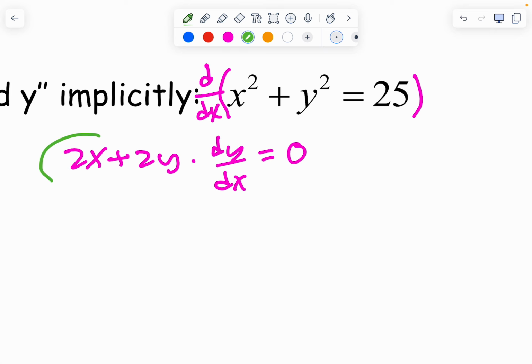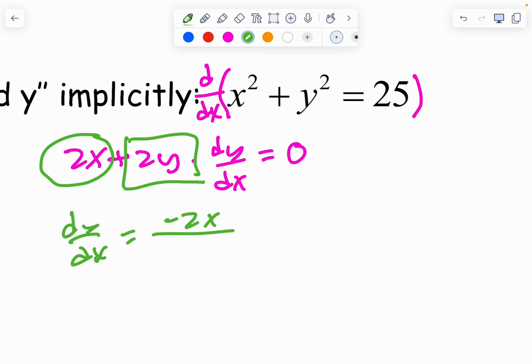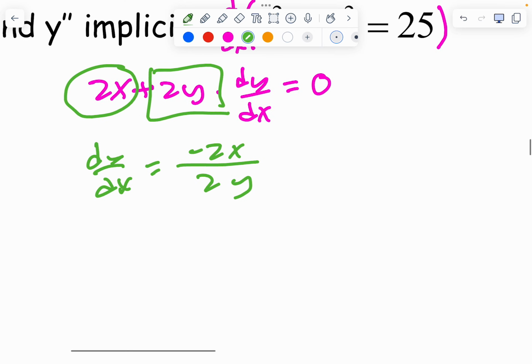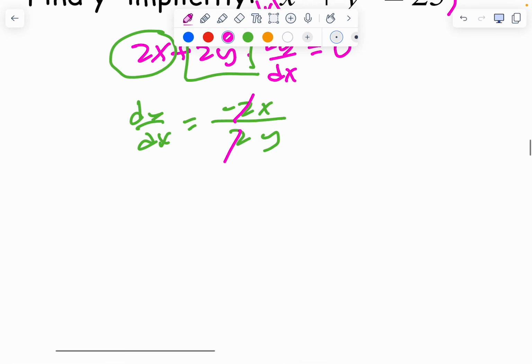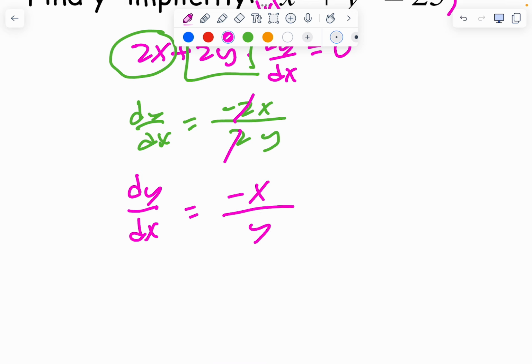We're going to subtract 2x on both sides and divide it by who? 2y. So we have dy over dx is equal to minus 2x over 2y. What is on the top and the bottom of my fraction that I can eliminate? 2's. So we know every slope function for any circle is always negative x over y.